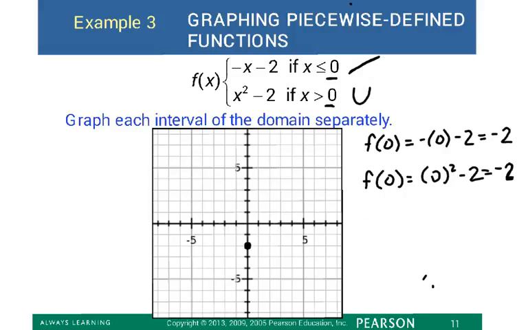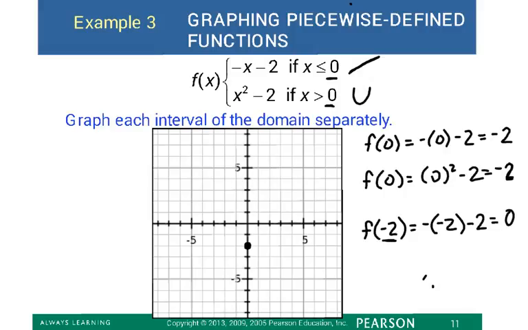I'm going to say, well, -2 is less than 0. So plug that in. And we get -2 minus 2. Well, that right there is 0. So plot the point -2, 0, because that's what this means.